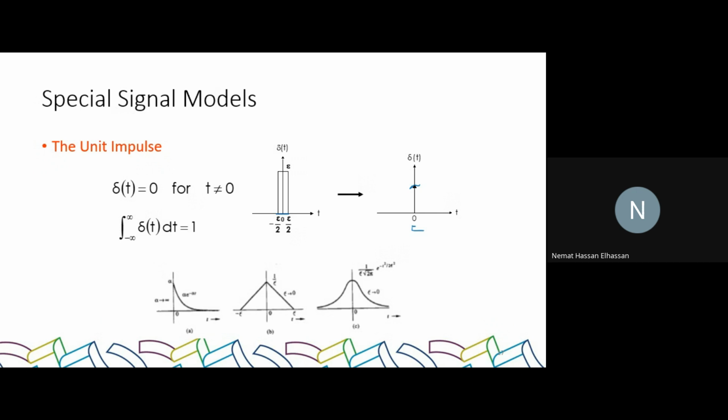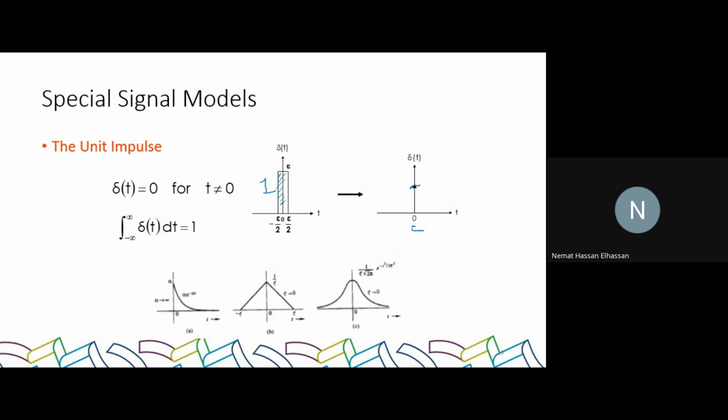Epsilon is extremely small, almost 0, and its height is 1 over epsilon. So when you multiply this length, which is from negative epsilon over 2 to epsilon over 2, by the height, what does the area become? 1. Its area is exactly 1. And we call that the unit impulse.